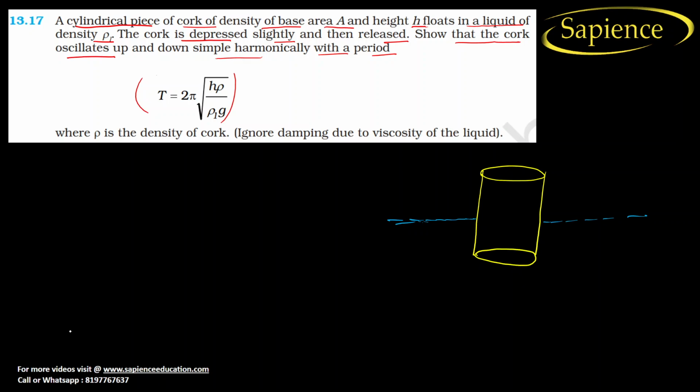Let us put the values. The height of the cylinder is h, rho is the density of the cork, and rho L is the density of the liquid. Now it is in equilibrium position.